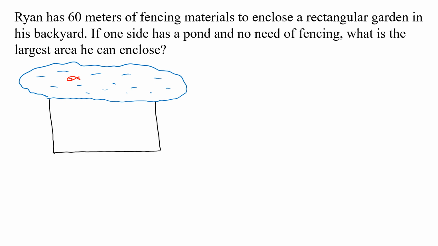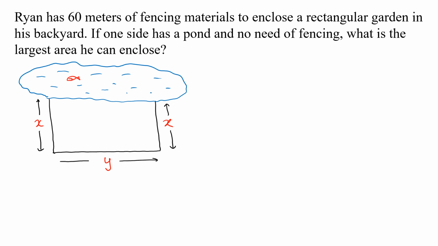So for that variable, we're going to pick x. We pick x for the most repeated one, and y for the other one. You don't have to do that, but if you do it like that, you'll feel a little more comfortable doing the problem. All right, so we have that.